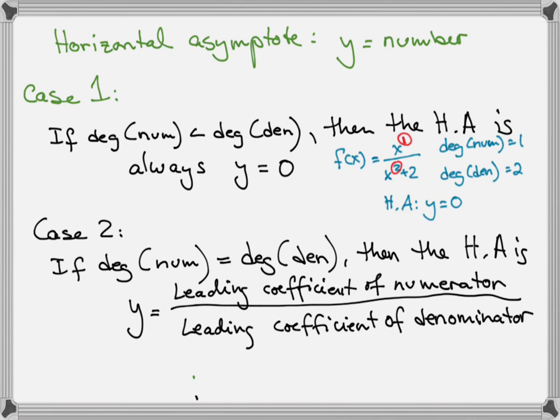The third case would be if the degree in the numerator is greater than the degree in the denominator. What happens is you have an oblique asymptote. Oblique asymptote is a linear, a straight line. And you find them from doing synthetic division again, but no worries, we don't do that.